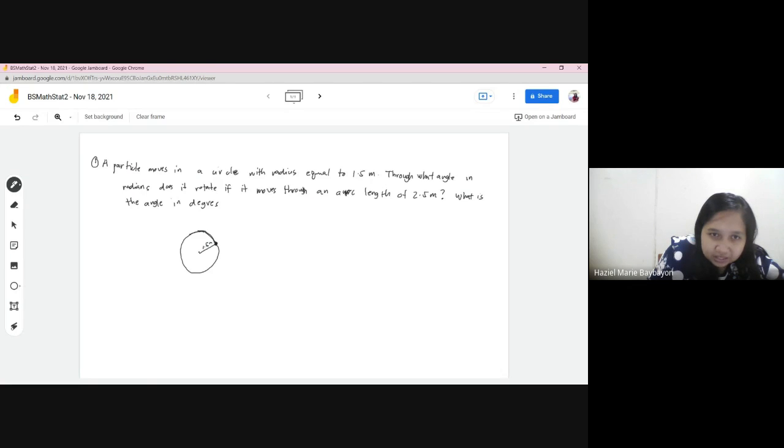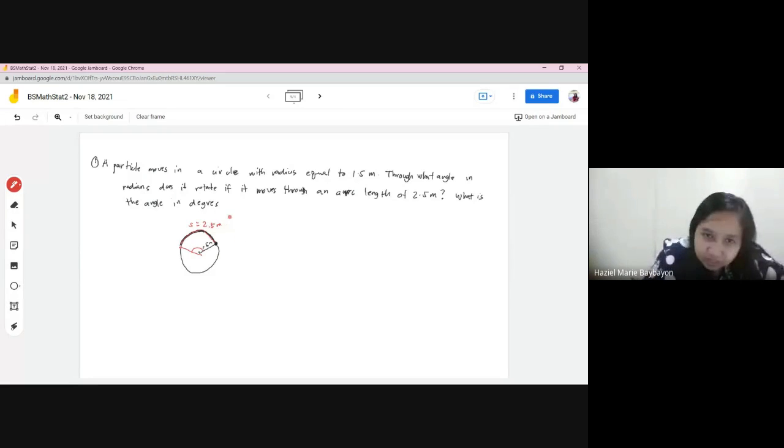So if it has moved by an arc length, say this is your R, in red, this is S equals 2.5 meter. So we are to find the angle between the initial position of the particle and the final rotated location after the rotation.